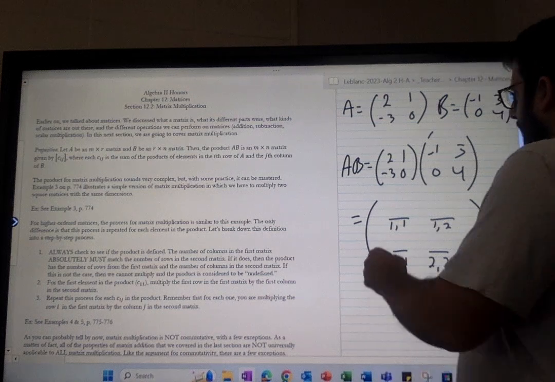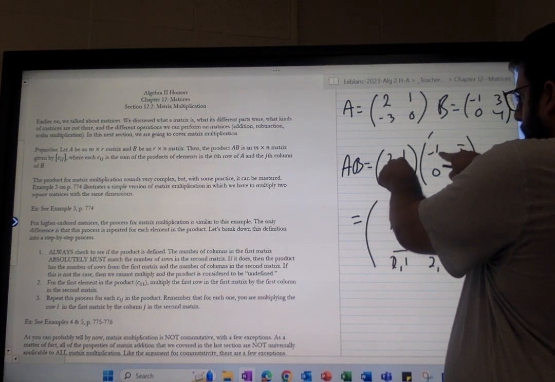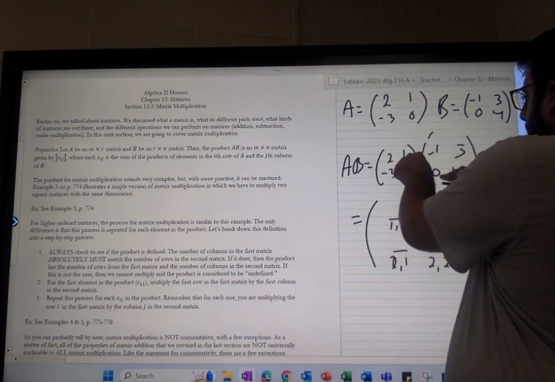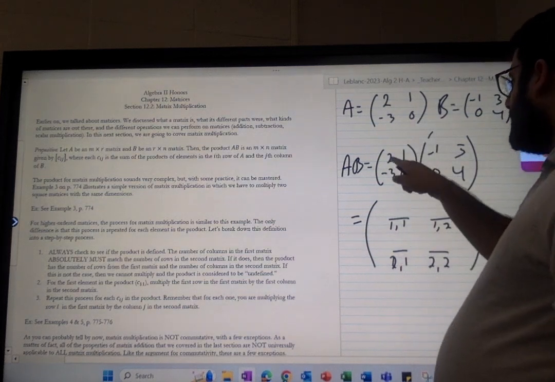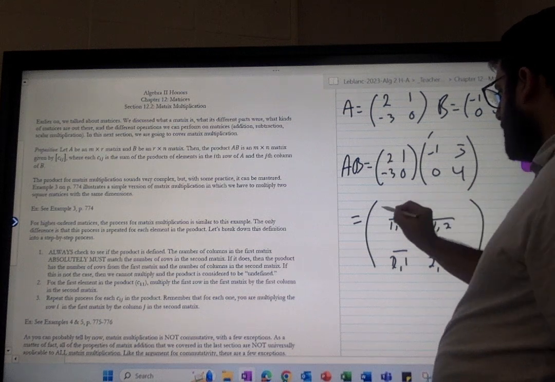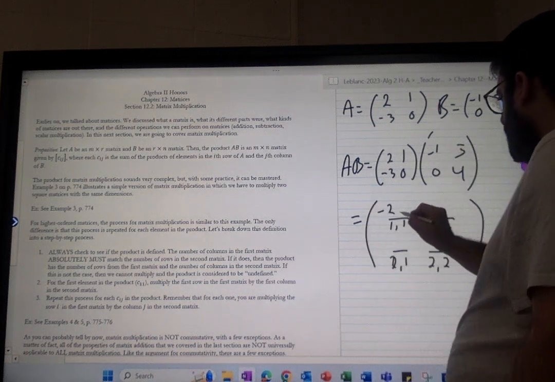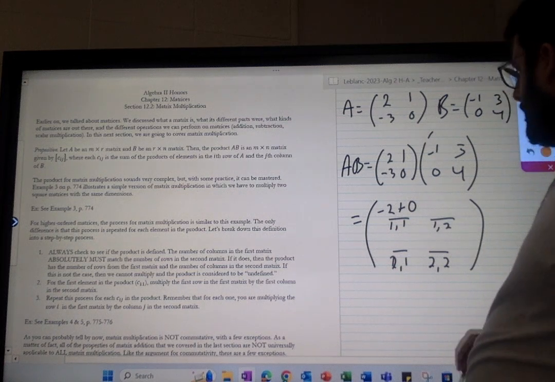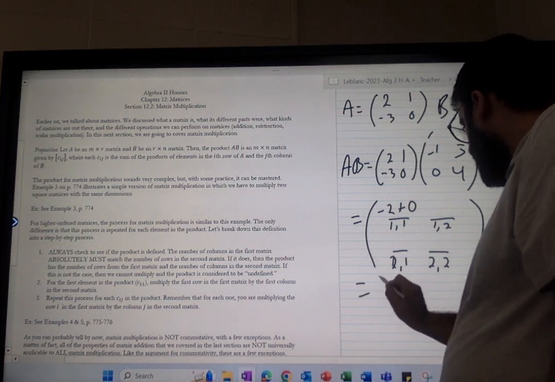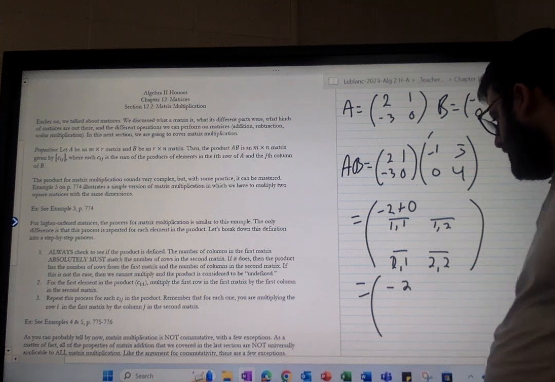What does that mean? That means I'm going to multiply these two numbers together, I'm going to multiply these two numbers together, and I'm going to add them up. So that's negative 2 times negative 1, which is negative 2, plus 1 times 0, which is 0. And that ends up being negative 2.